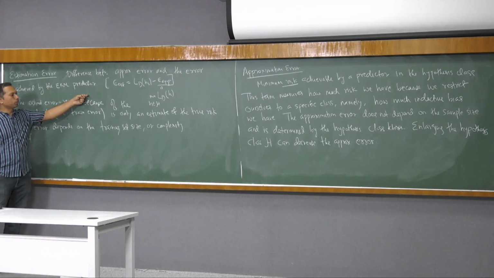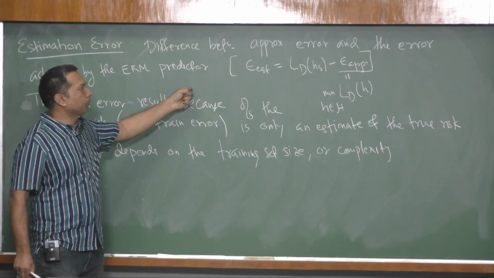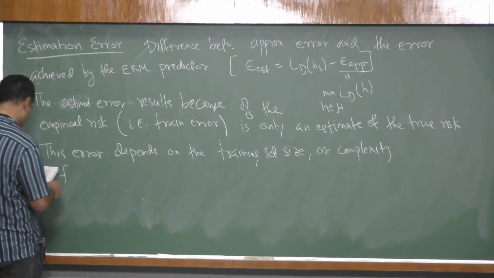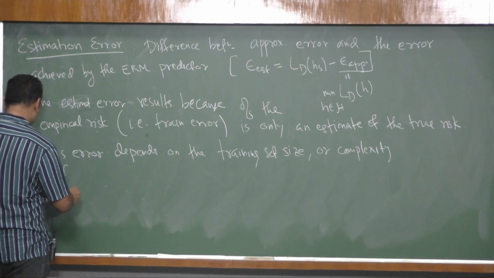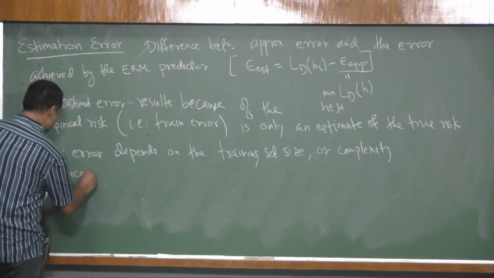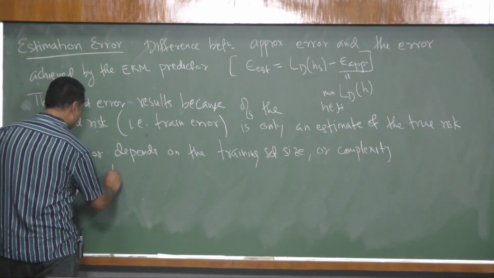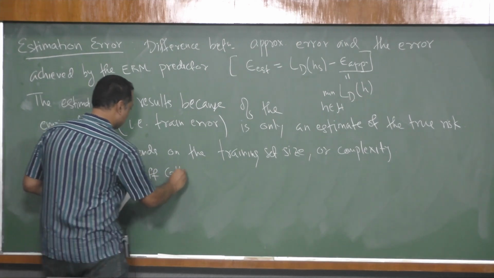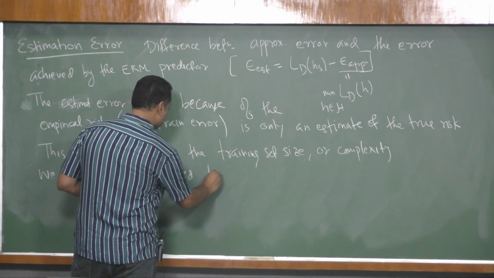So there is a trade-off between estimation error and approximation error. We characterize this as the bias complexity trade-off.